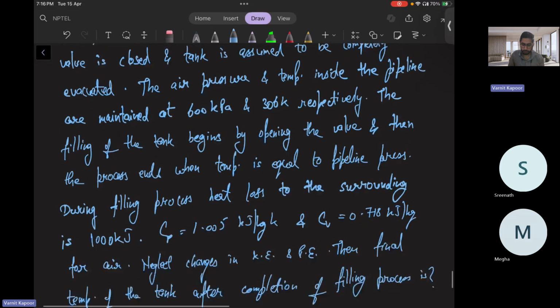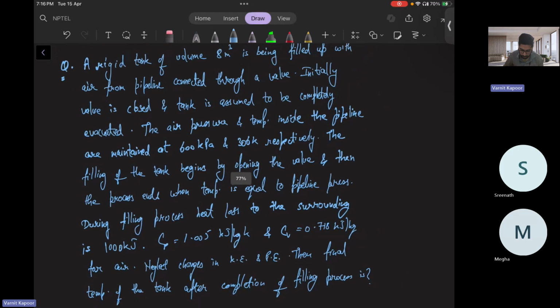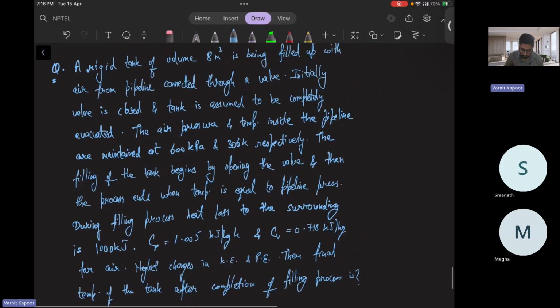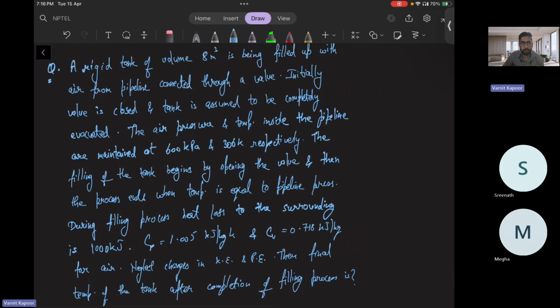I'll zoom it out. I hope this is visible. Okay, solve it.